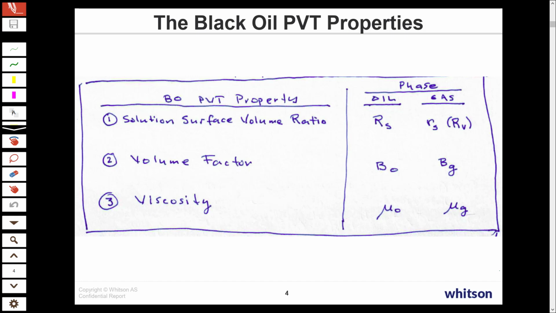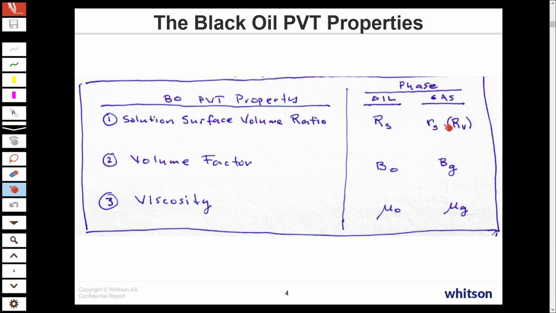Now, if we look at the first black oil PVT property, the solution surface volume ratio. For the oil phase, it's the familiar capital RS, or solution gas oil ratio. And for the reservoir gas phase, it's the solution oil gas ratio, or CGR, solution CGR, that's a little less commonly understood and used.